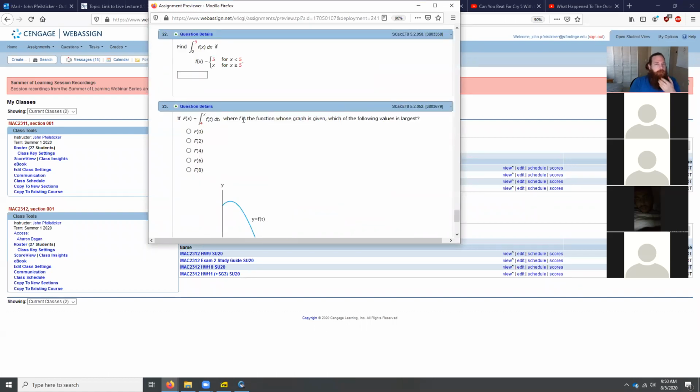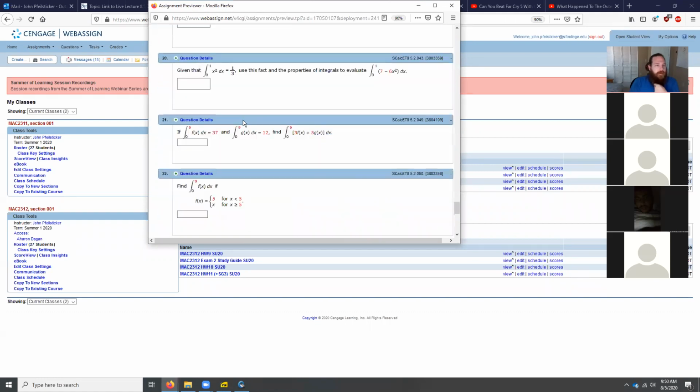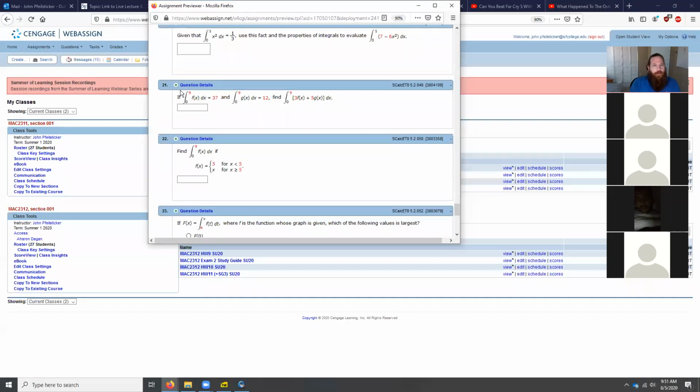So 21 is about using properties of the integral. You're going to split this. It's not 21, it's number 1 and number 22. Oh, okay, 22 and 1. All right.